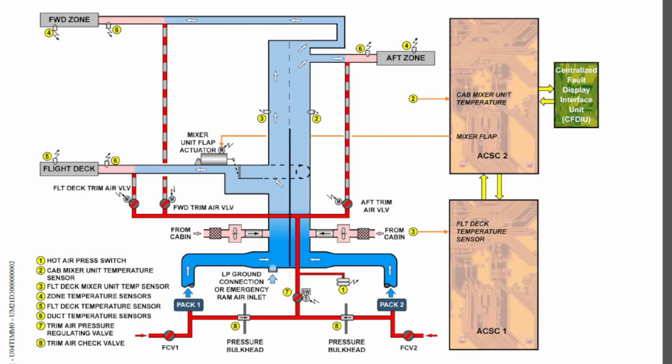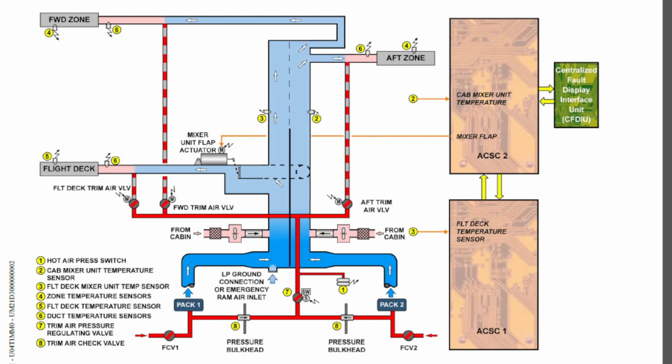According to the diagram that you can see, it has several air inlets into it. It takes air from the packs, it takes air from the low pressure ground cart or the ram air inlet, and it also takes air from the recirculation system.